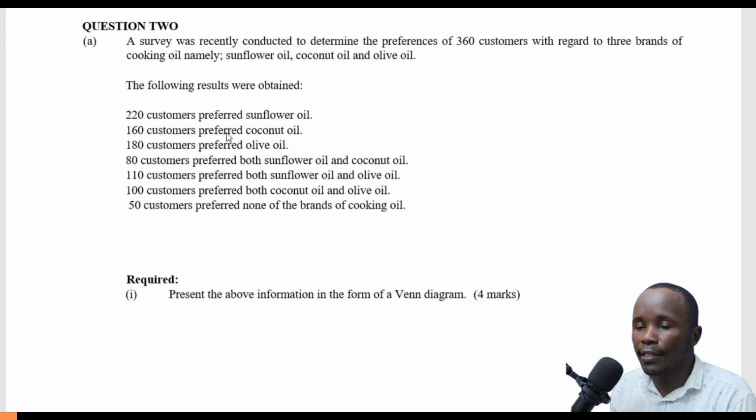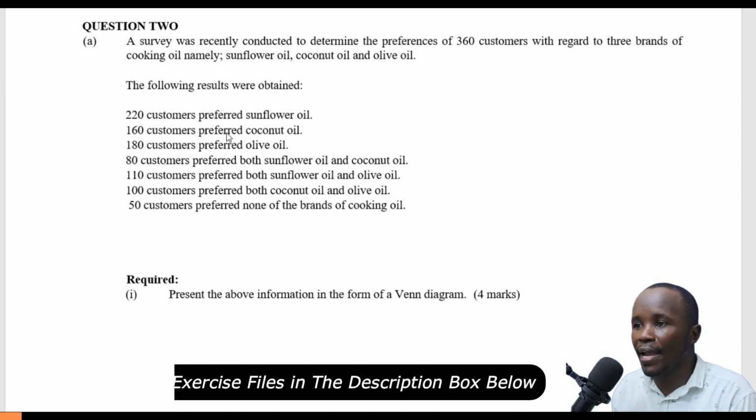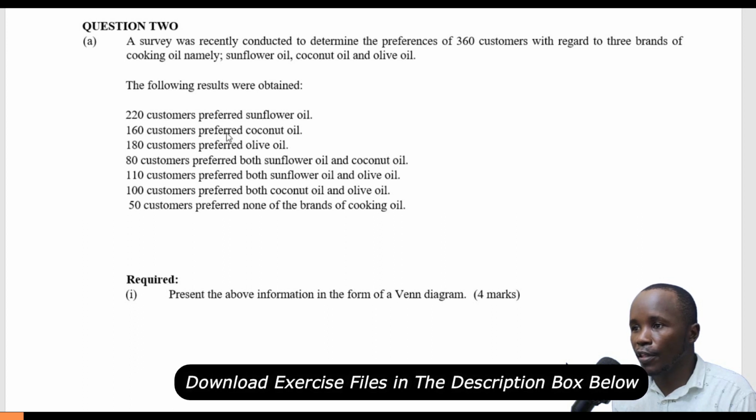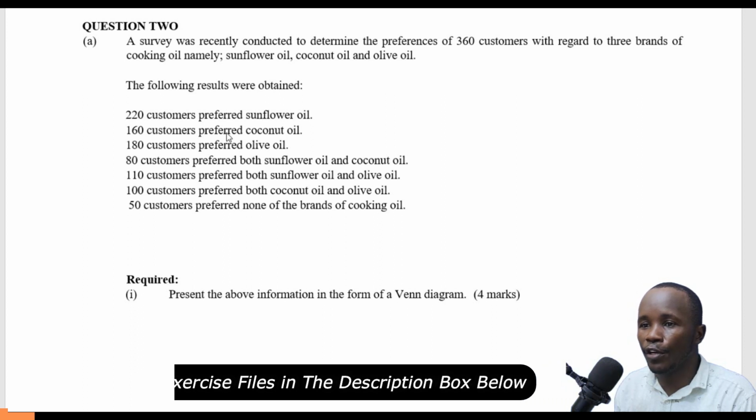The question read: a survey was recently conducted to determine the preference of 360 customers with regard to 3 brands of cooking oil, namely sunflower, coconut oil, and olive oil.